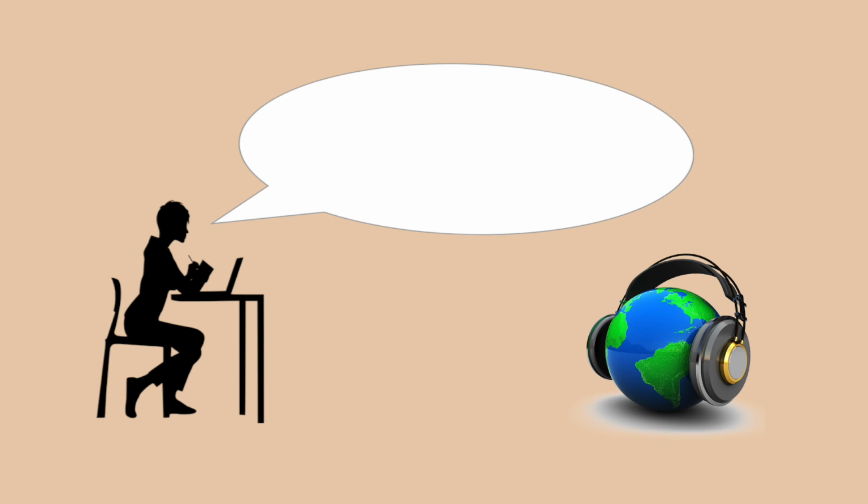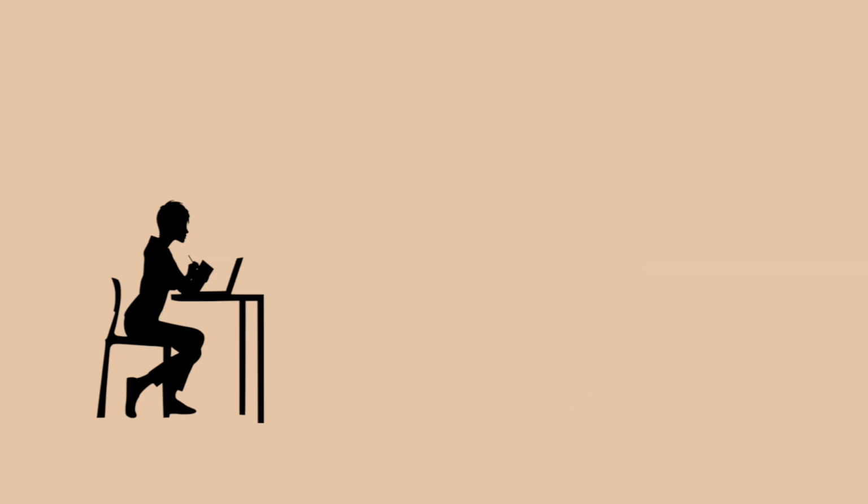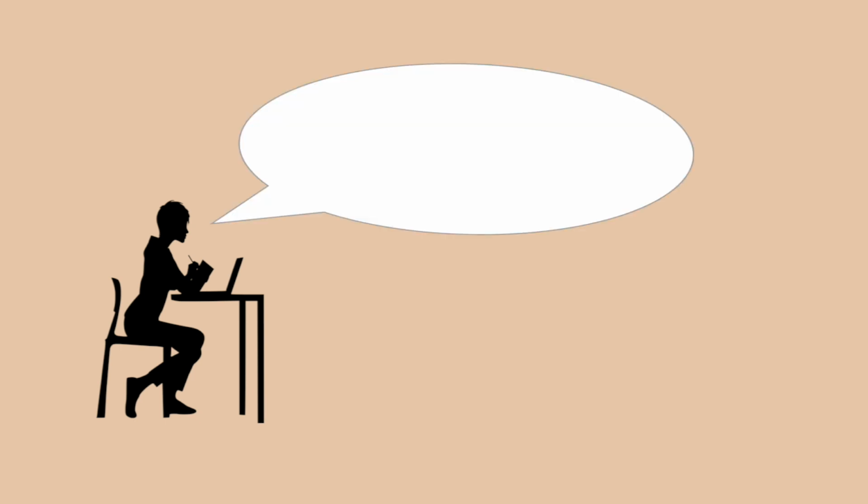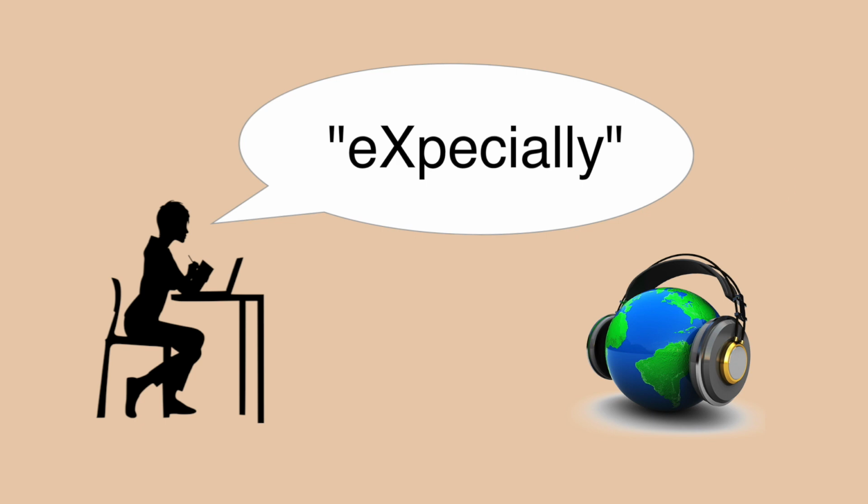Next category is a category of added sounds. 2 words here that are sort of similar. First of all, this one. And sometimes you will hear people say especially, and they're adding a K or an X sound at the very beginning. But this is not correct.